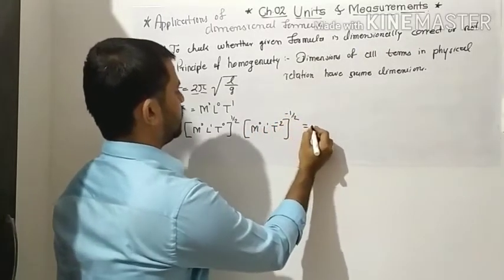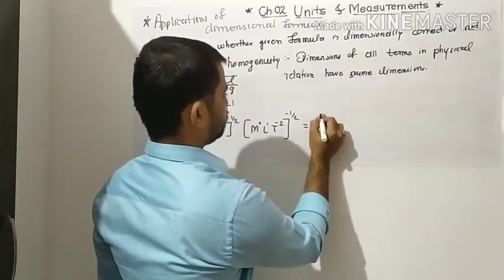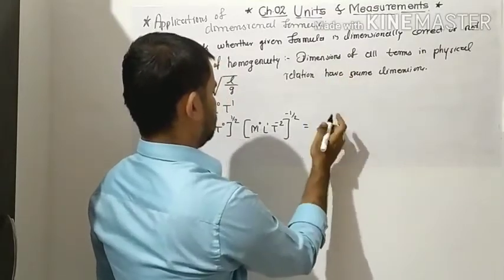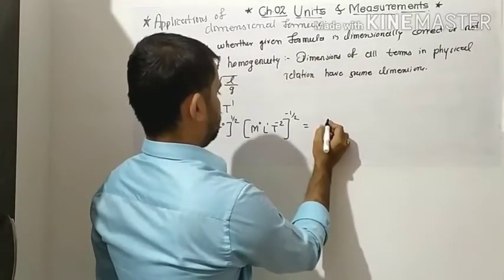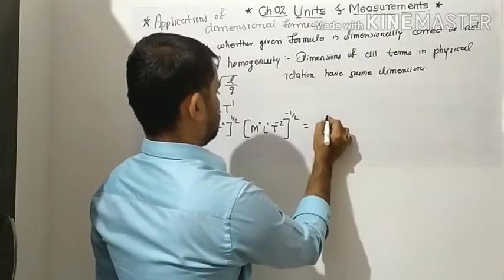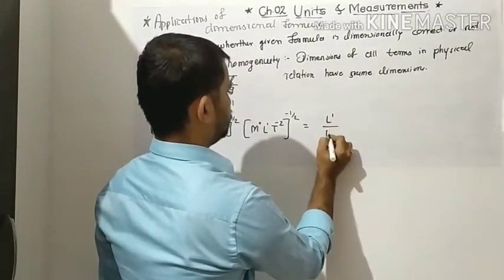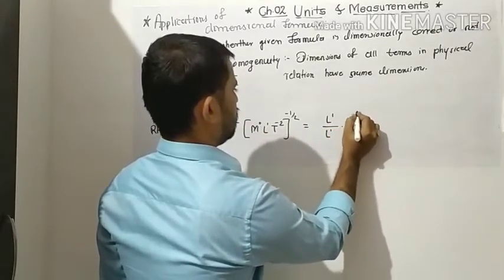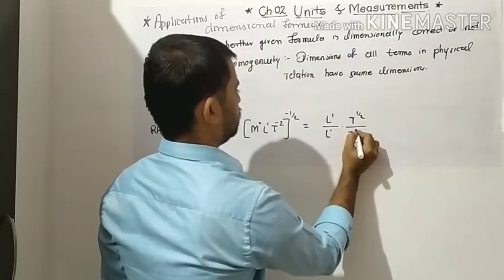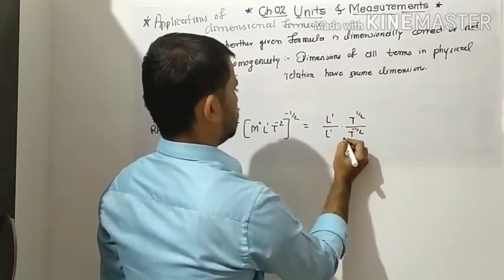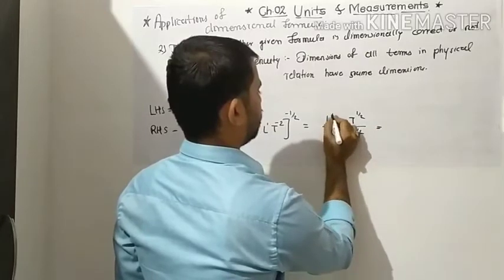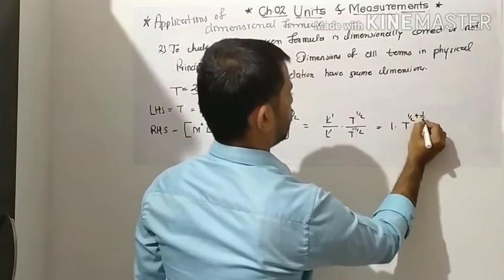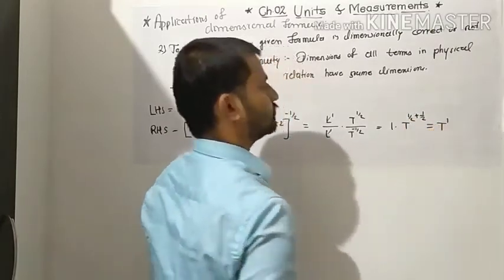So we can write it down as m raised to 0, L raised to 1 upon L raised to 1, into t raised to half upon t raised to minus half. So that we will get here L will be 1, so 1 into t raised to half plus half, that is t raised to 1.